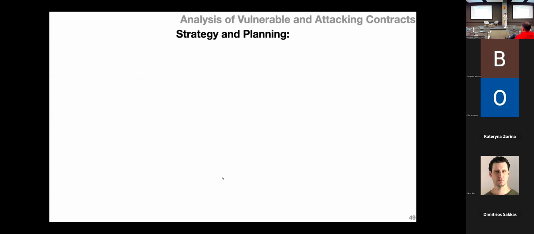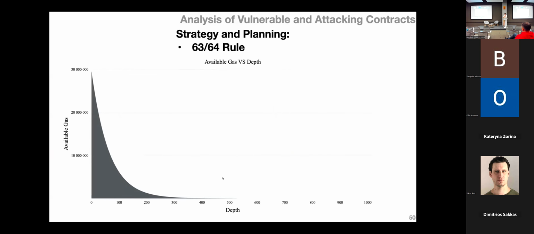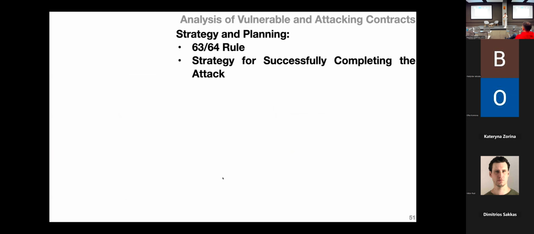Okay, let's see strategy and planning of the attack. First, what you need for a good attack is minimizing the number of stacks. Sometimes you need a strategy for successfully completing the attack.